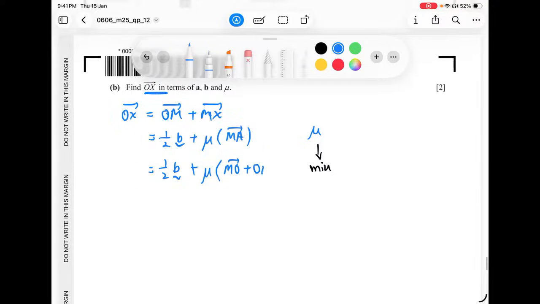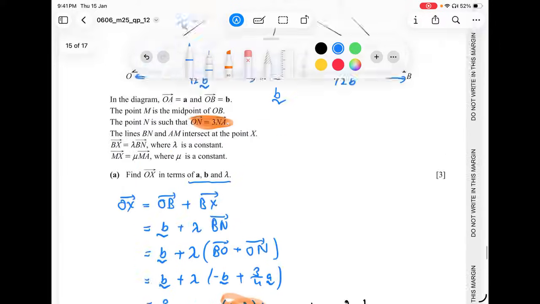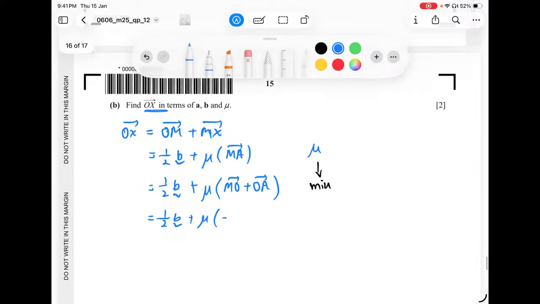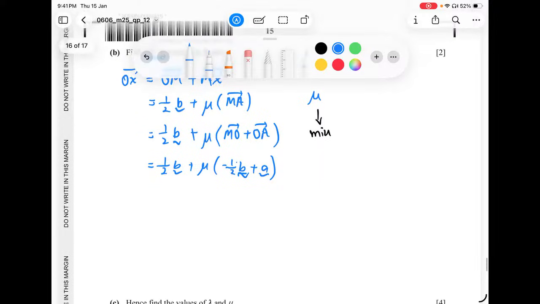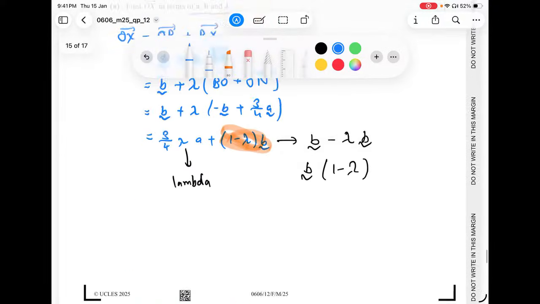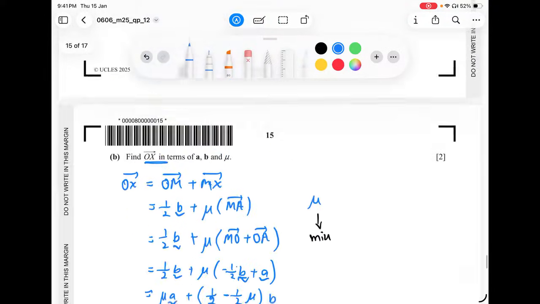So that should give you half B plus mu of MO, which would be negative half B. You're moving on the other side, negative half B plus A. So that should give you mu A plus half minus a half mu B. So that's OX in terms of A, B and mu, and OX in terms of lambda, A, B.